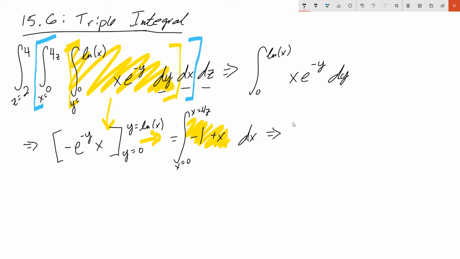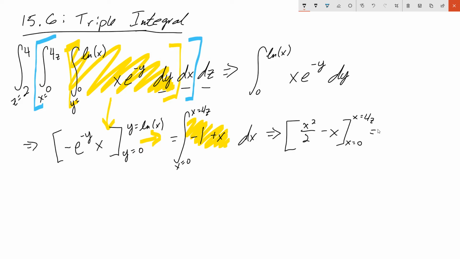Okay, so pretty simple integration again, just x minus 1, negative 1 plus x, whatever way you want to look at this. And what we end up with is x squared over 2 minus x on those same bounds of x equals 0 to x equals 4z.